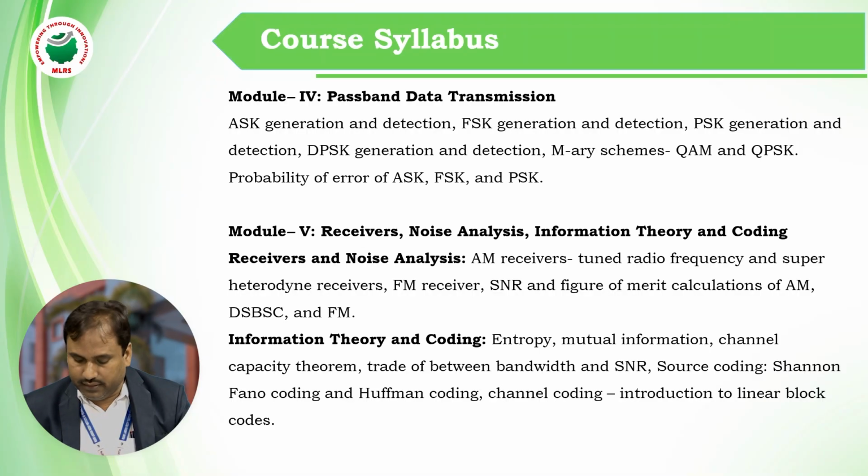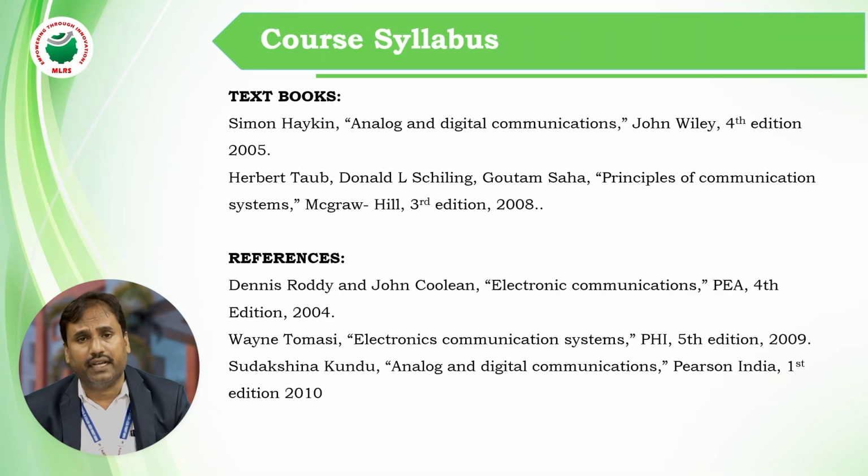Now these are the textbooks we are suggesting to you, especially Simon Haykin, Analog and Digital Communications, John Wiley, 4th edition, and some reference textbooks also. We can go through these.